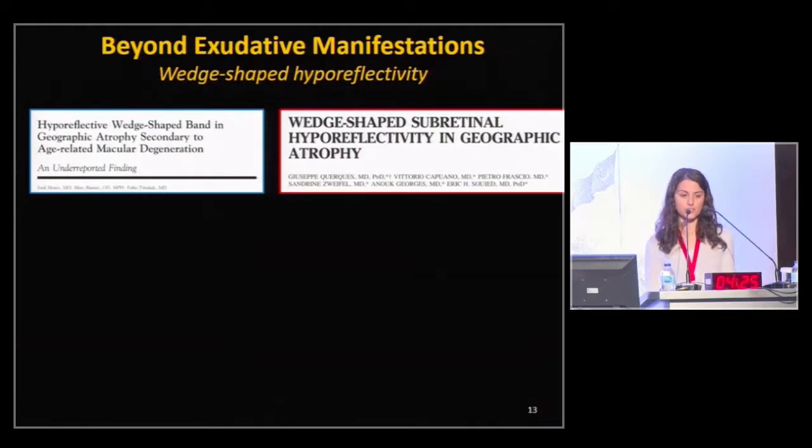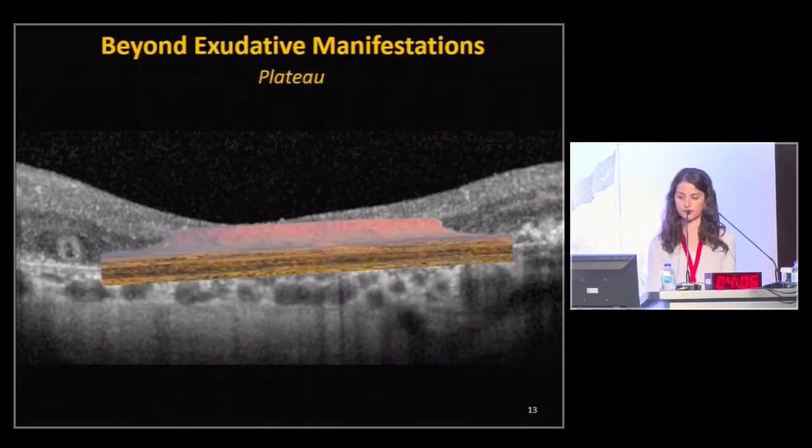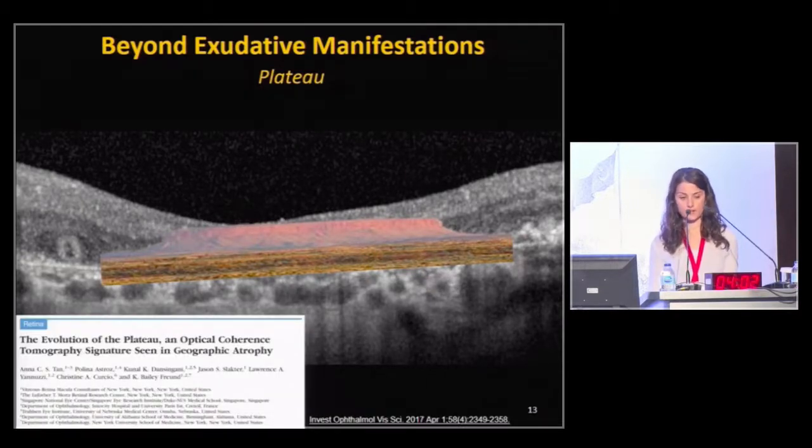And I'm pointing out these two hyperreflective wedges because it's really difficult to differentiate both. So Dr. Freund has proposed that this second wedge shape is now called plateau, because in fact it's not a wedge, it's more like a plateau, like this mountain. So we are proposing this other name, the plateau, in order to differentiate the wedge shape described by Monés in the border and this one.